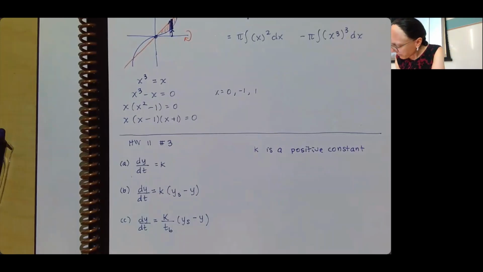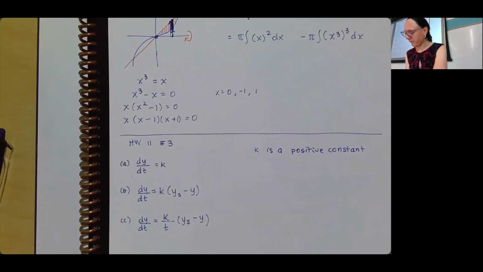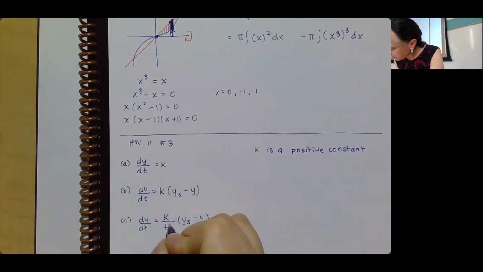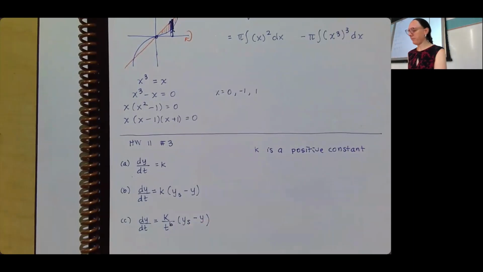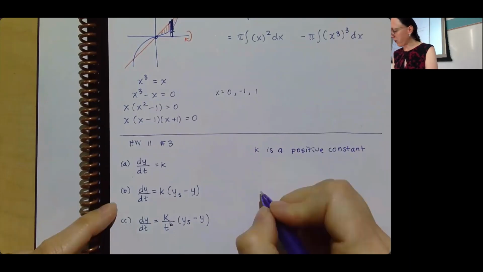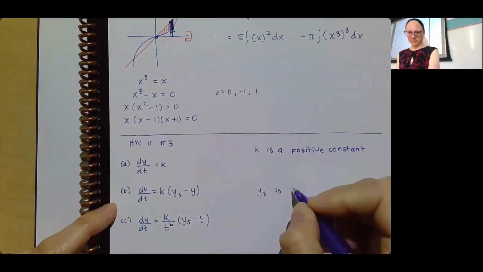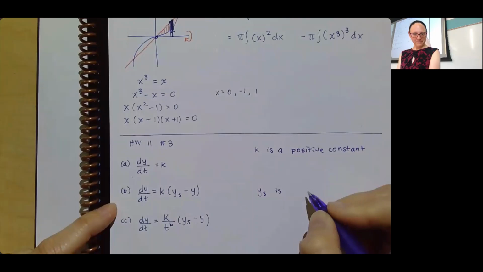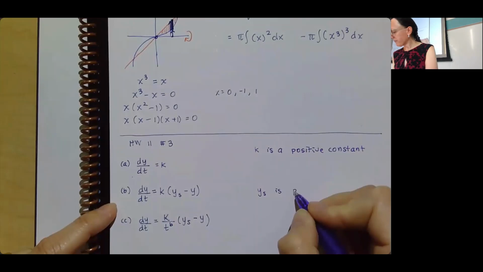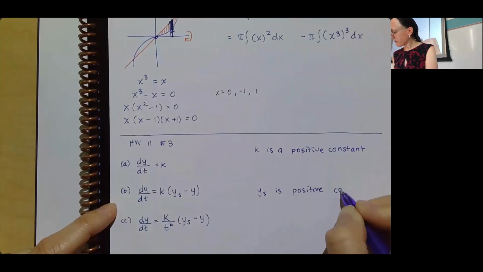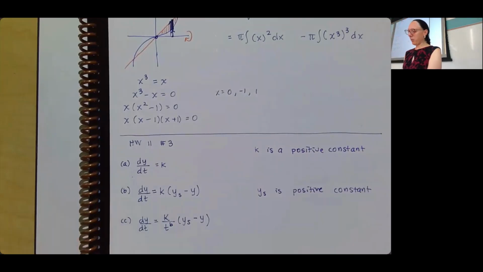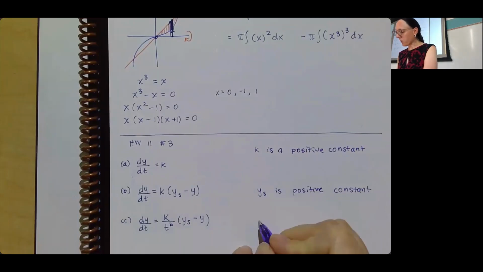Oh, you know, I wrote this wrong. That's why it wasn't making sense. B is the exponent. K is a positive constant for all of them. In B, we also know that YS is a positive constant. And in part C, we also know that B is a positive constant.